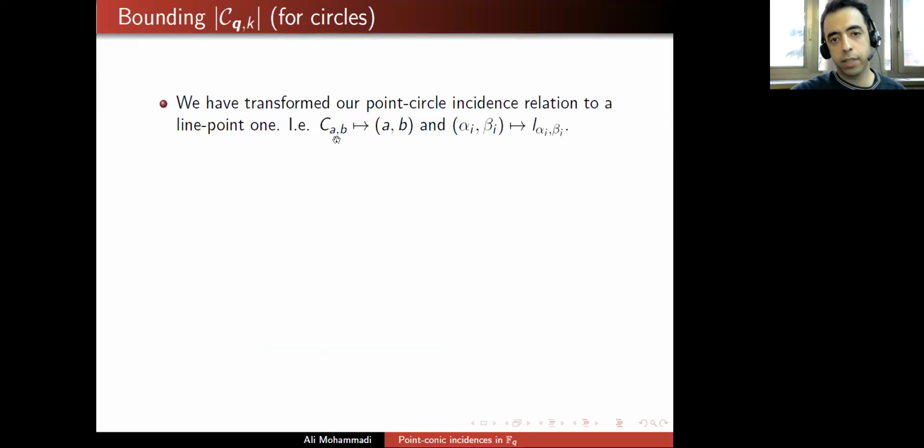So again, we sent our circles to points, our points to lines. So a K-rich circle is now a K-rich point, as in a circle that had K points on it is now a point that has K lines going through it.